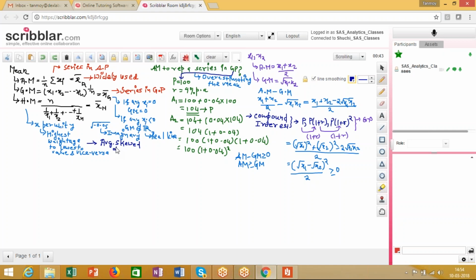And this is where this measure actually scores over the arithmetic mean. What arithmetic mean does is give a higher weightage to a higher value and lower weightage to a lower value, or equal weightage to all the values.